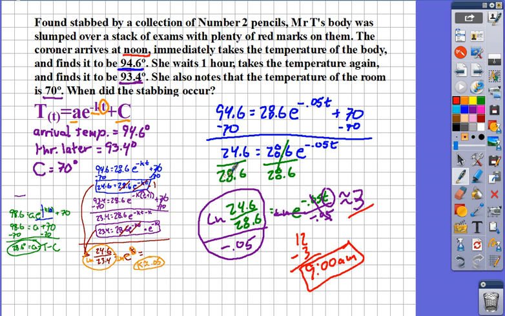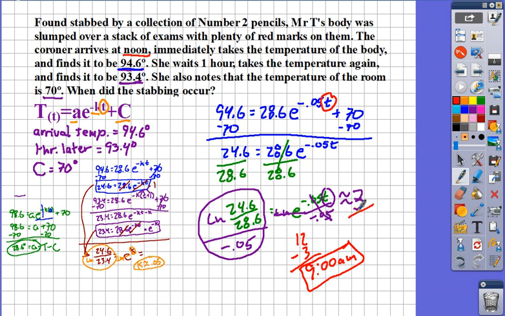Now that we know K, we plug it in with the arrival temperature, the A value, and the K value, as well as the C value, and solve for this guy here, T. That tells you how many hours prior to arrival it occurred.